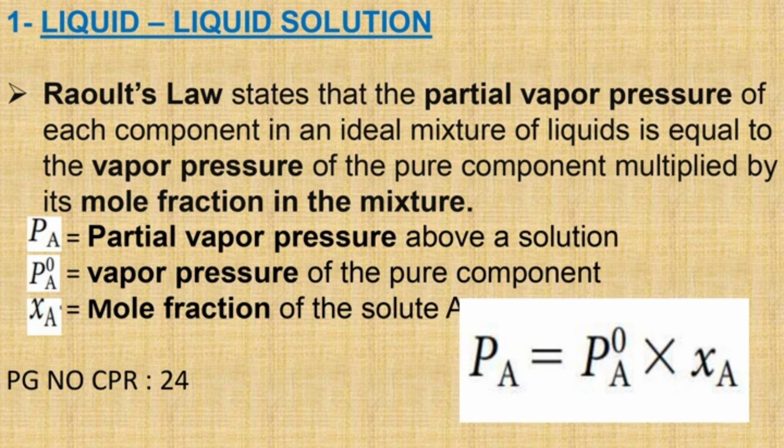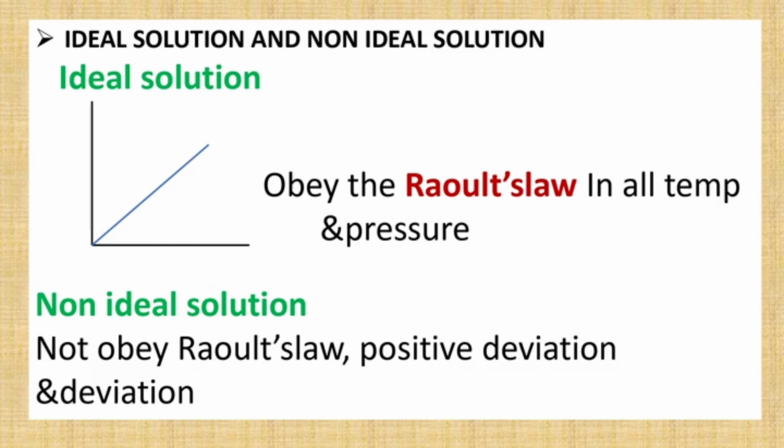What is the equation and what each part represents, I already mentioned here. If you want more about this, you can check page number 24 of CPR. But this much is enough. We just want to know the equation, its purpose, and the components involved. So that much only I mentioned here.